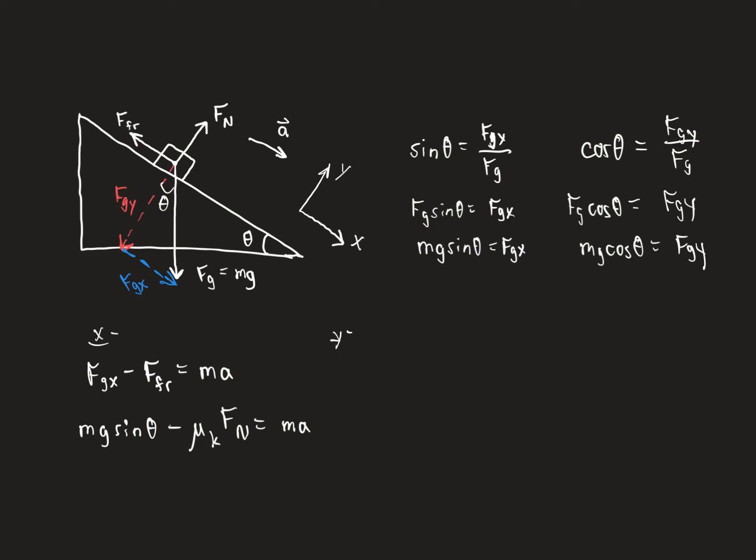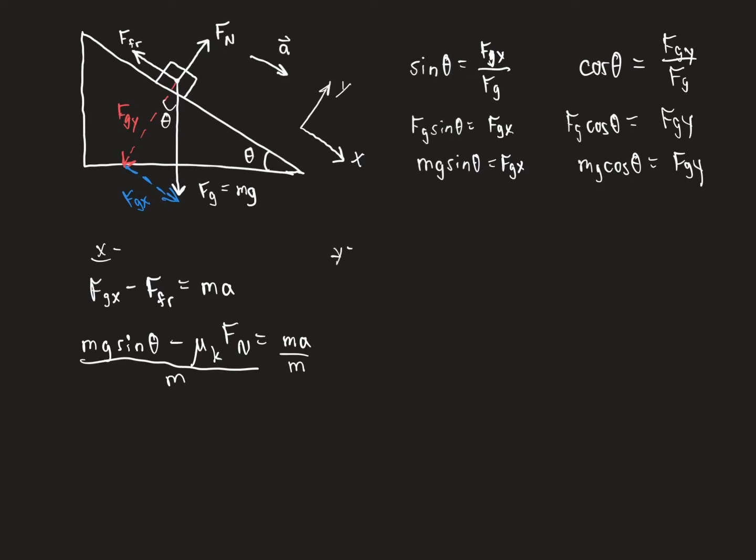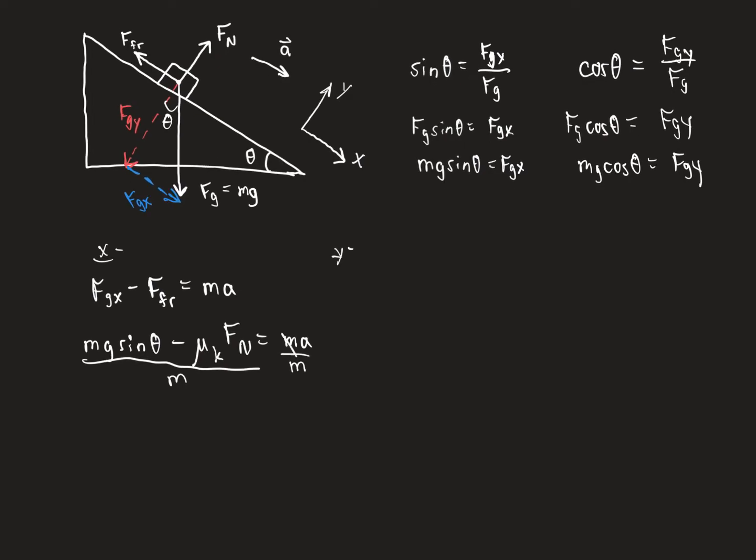So we're looking for, what are we looking for again? Acceleration. Keep that in mind. So let's divide both sides by m. Now I've got this big giant equation. Cancel out my m's. I'm going to get A is equal to g times sine of theta minus mu times the normal force divided by m.